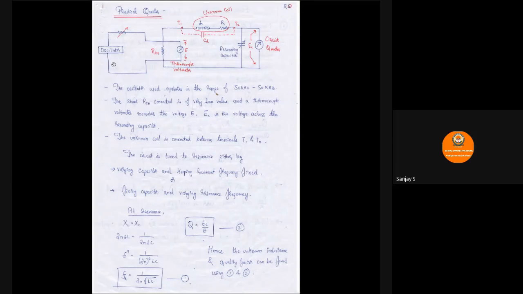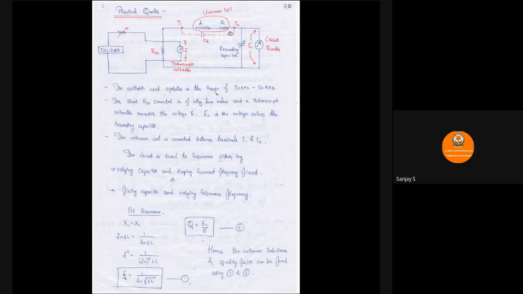Now let us go to the practical Q meter instrument. Here we have an oscillator which acts as a source, and we have a thermocouple voltmeter which is represented by a heater, and then a transducer is present here. The unknown coil is present at this point, which is a combination of R and L in series. This is connected between the test terminals T1 and T2. Capacitor CD acts as a stray capacitance, which is imaginary in nature.